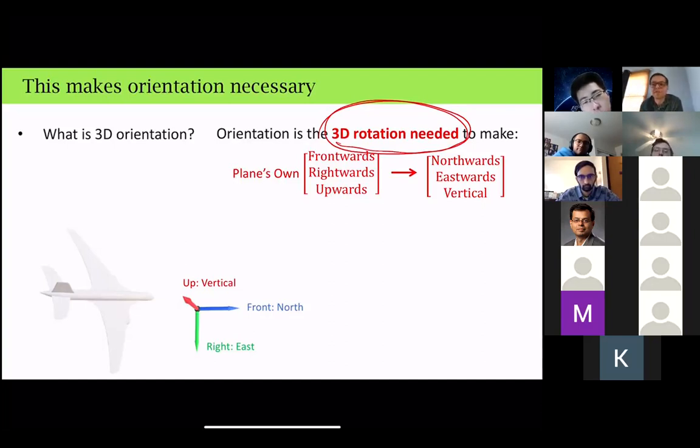Something to think about after this lecture to make sure you have total clarity: orientation is rotation and rotation is a matrix. Therefore, orientation of a device is actually a matrix.